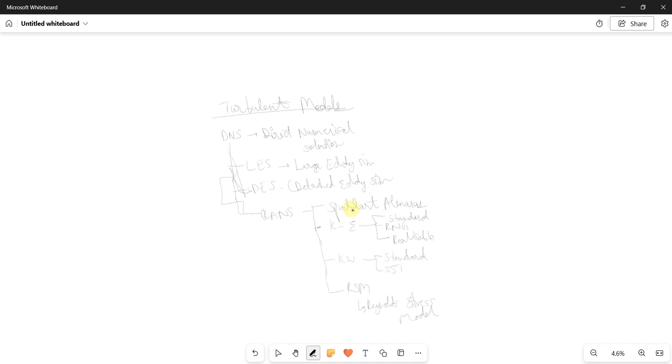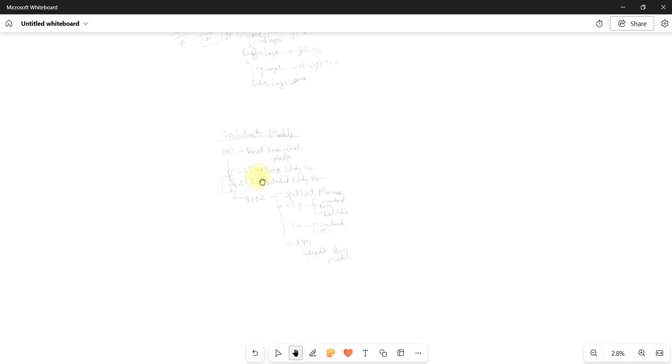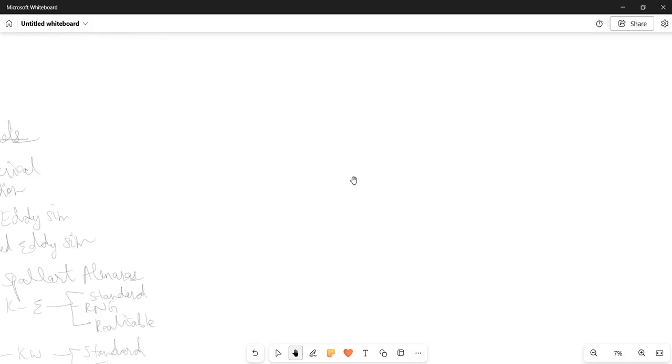To solve that, you have Spalart Allmaras, then K epsilon with standard, RNG, and realizable, K omega with standard and SST, and RSM, the Reynolds stress model. Now we'll look at each of them in detail.